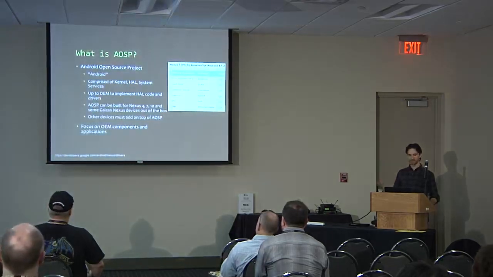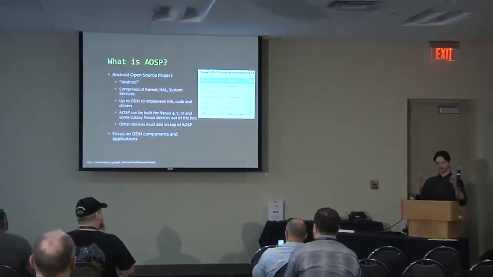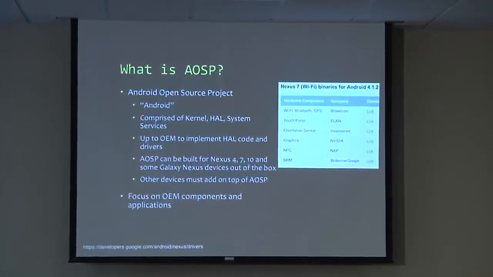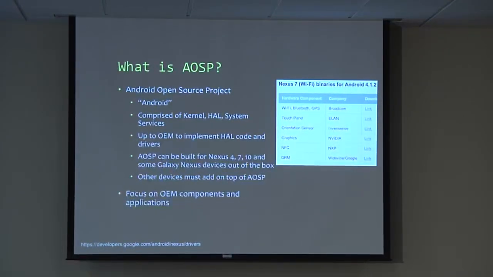So AOSP, which I'm going to use throughout the presentation, is the Android Open Source Project, and it's what we think of as Android. It's comprised of the Android kernel, the hardware abstraction layer definition, and then all the system services.